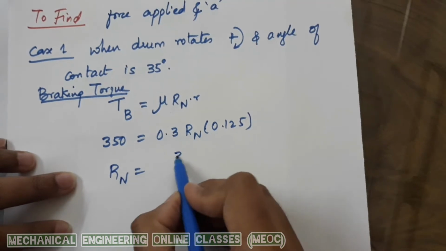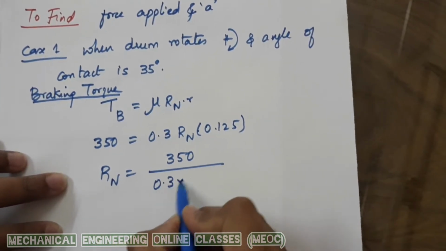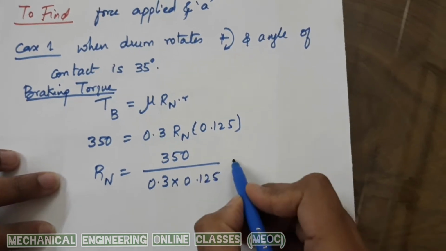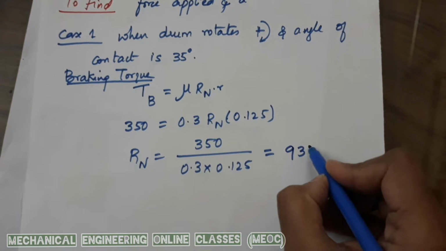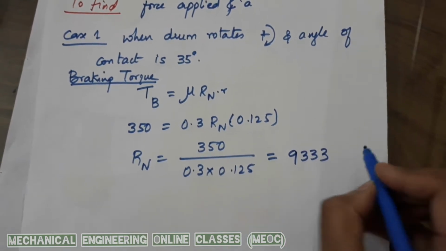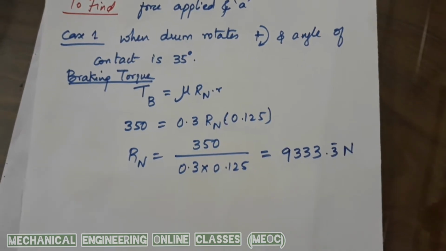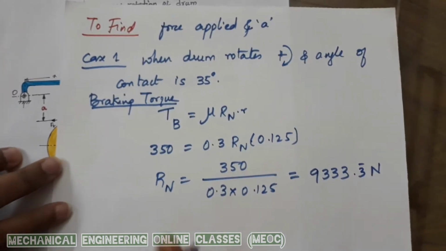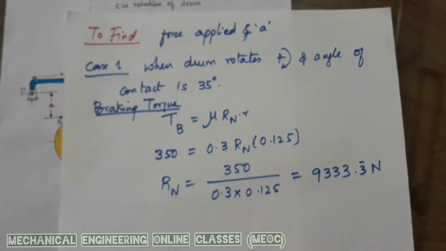Rn can be obtained by cross multiplication: 350 by 0.3 into 0.125. So this will come out to be 9333.3 Newtons.